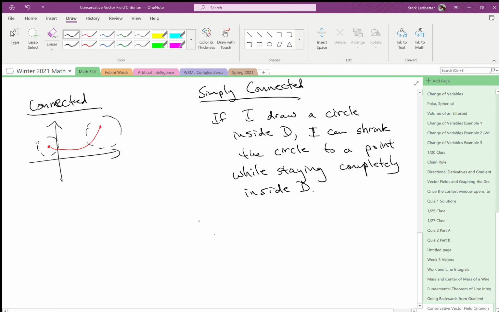Well, if I just have some region like this, okay, I draw a circle, and I start shrinking it to a point, and yeah, I can do it. I can stay completely inside D. Okay, so that guy's simply connected.